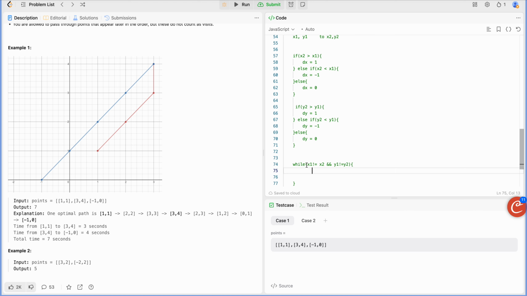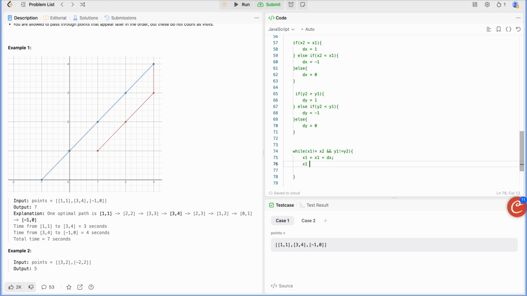If both of them are still not equal, I need to set x1 equal to x1 plus dx, and y1 equal to y1 plus dy, right? So I'm constantly updating x1.